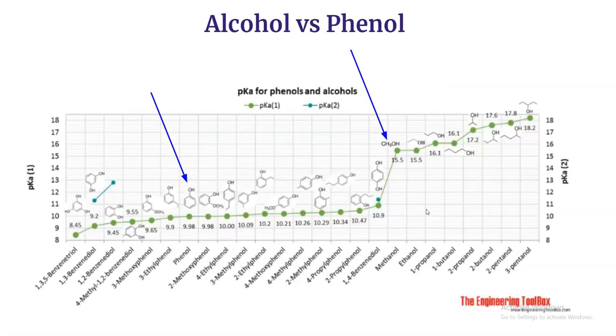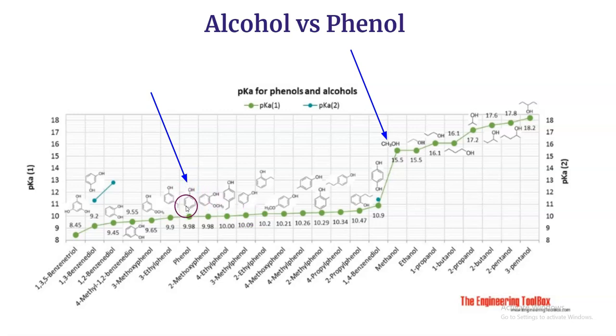Okay, so this figure I found was pretty interesting, so I just put it here. What it shows is basically the pKa comparison between phenol and alcohols. So up here, all these are alcohols, and down here, these are phenols or phenol derivatives, okay?